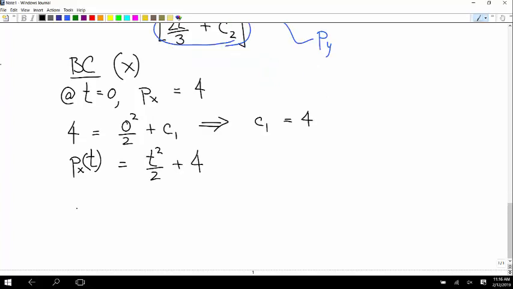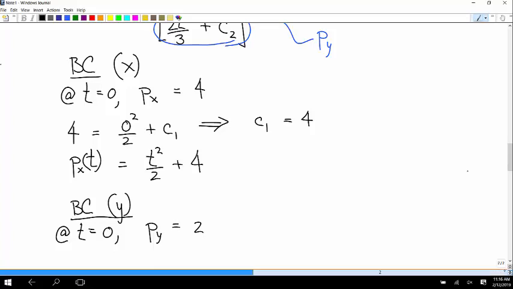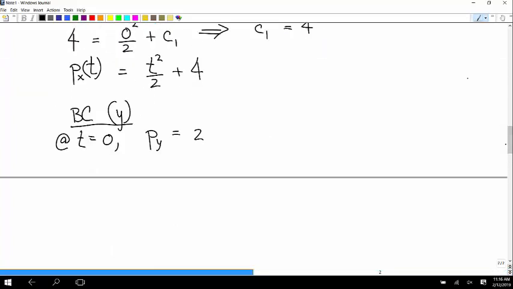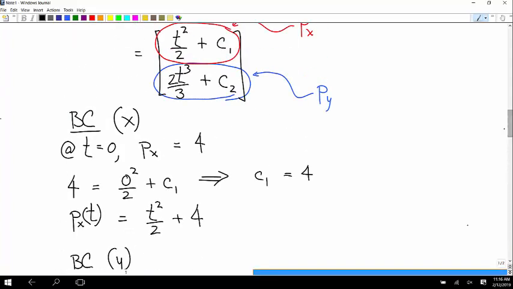And now we'll do the boundary condition for the y component. At time equals 0, the boundary condition says the y component of position is equal to 2. The stuff in the blue circle is the expression for py. So that has to be equal to 2 when we set time equal to 0.